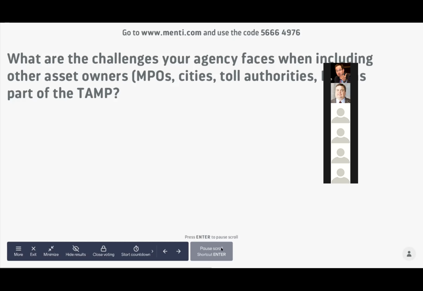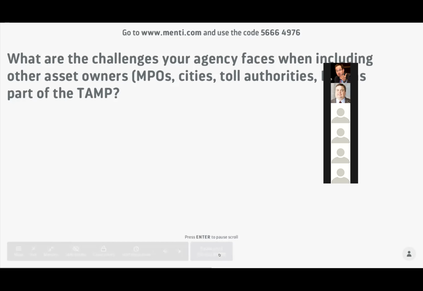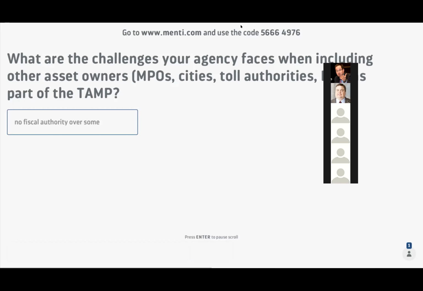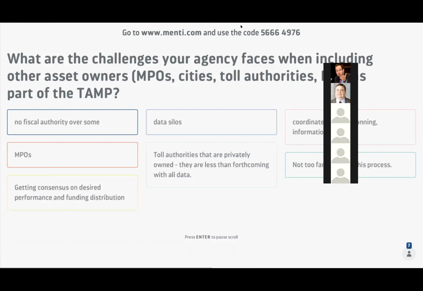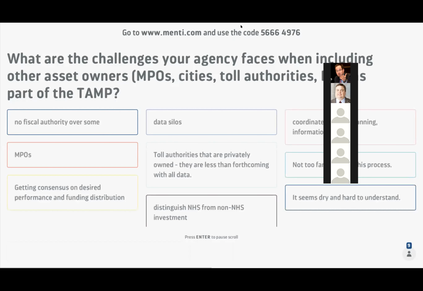And those challenges could be around information management, information transfer, and that's not just about asset condition. It could be about sharing financial information. It could be about sharing decision making. But also from an implementation perspective, there can be some challenges around buying into targets and performance targets that you set.